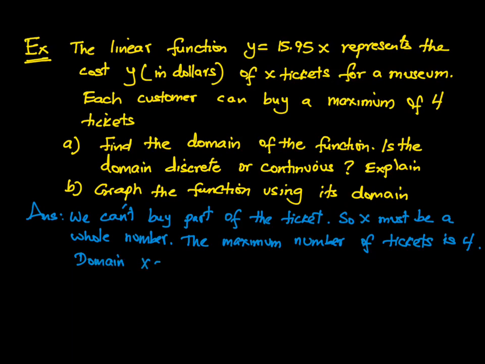So the domain is x equal to 0, 1, 2, 3, 4. So either you buy 0 tickets or 1 ticket or 2 tickets or 3 or 4. So it's discrete, right? It's not continuous.